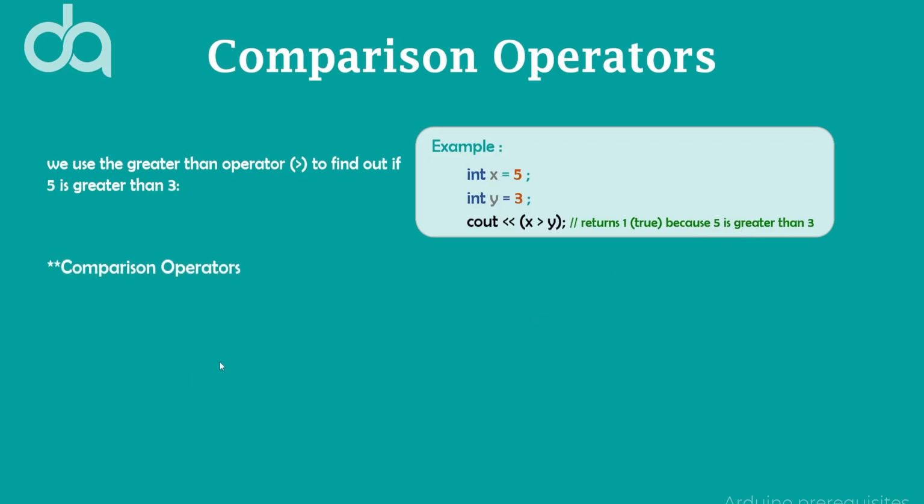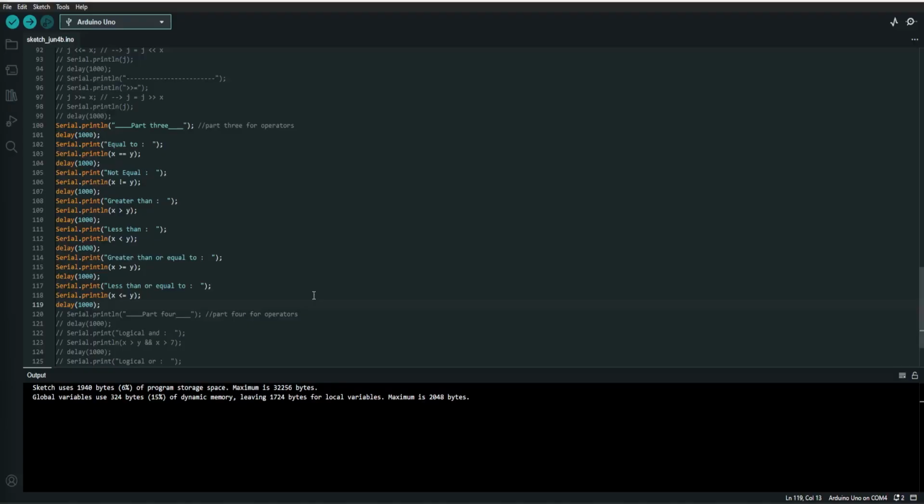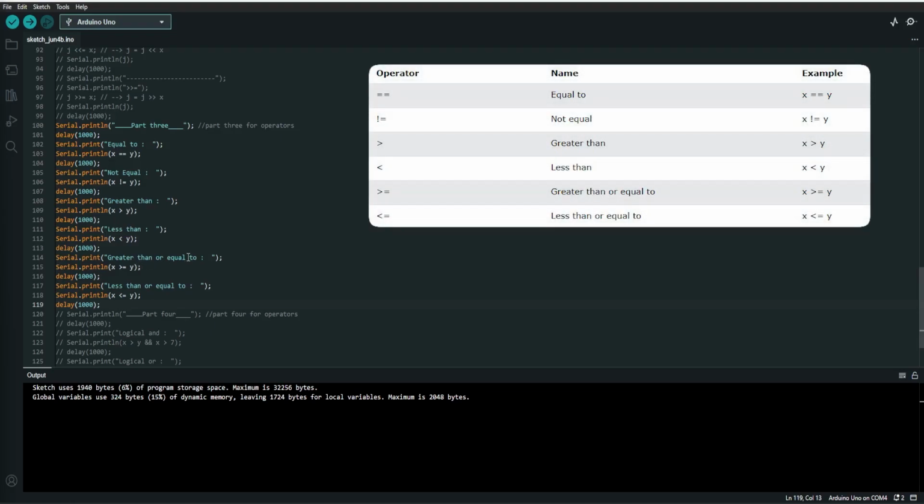Comparison operators. A list of all comparison operators is here. Now I want to show comparison operators in the Arduino IDE. Okay guys, for this part, first of all, I use equal to, then not equal, greater than, less than, greater than or equal to, and less than or equal to. For example here, x equal to y, and that's it.